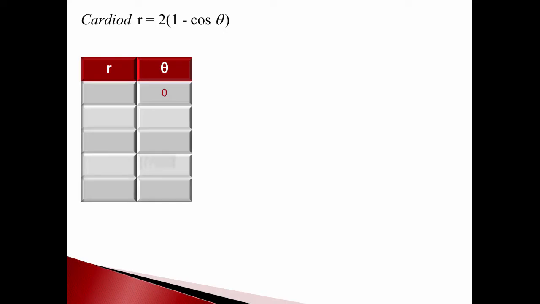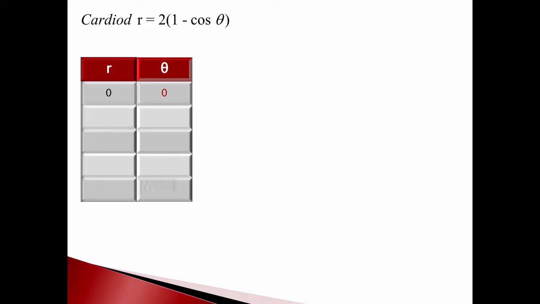So if theta is equal to 0, well, now I have to plug 0 into cosine. Cosine starts off at 1, so cosine of 0 is 1. But that's in a parentheses with a 1 minus cosine. So inside the parentheses I get 1 minus cosine 0, which is 1 minus 1, which turns the whole parentheses into 0.